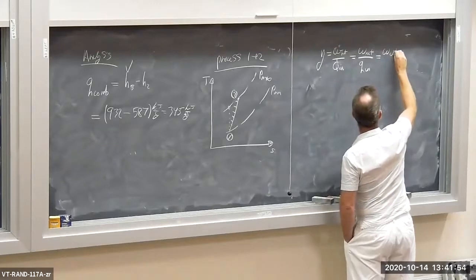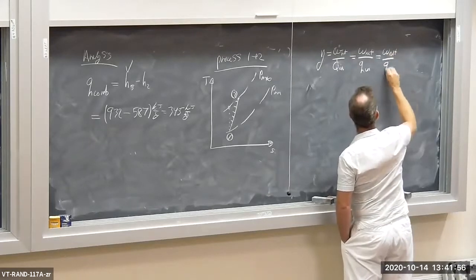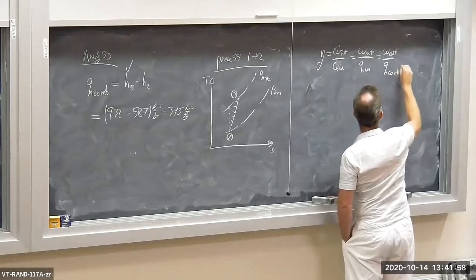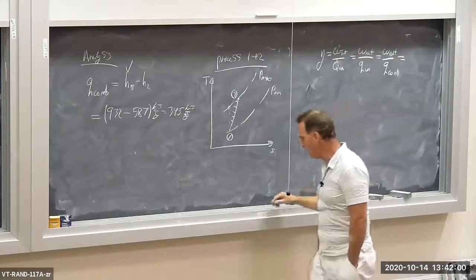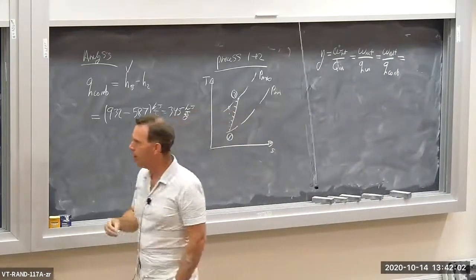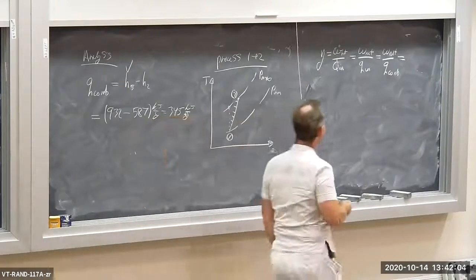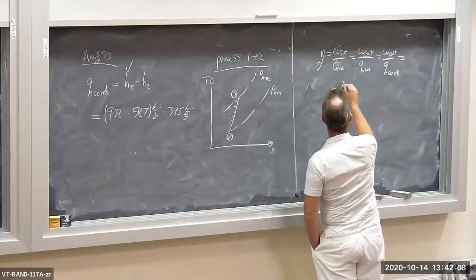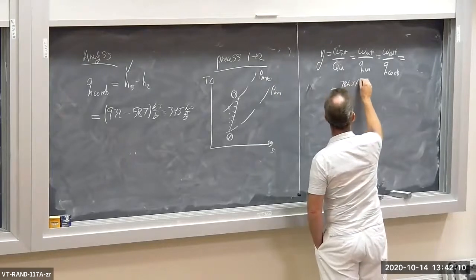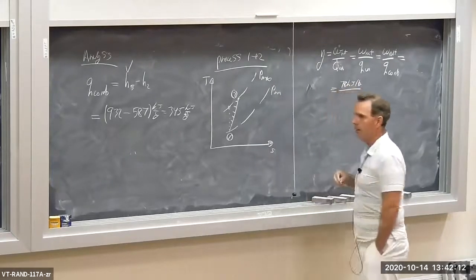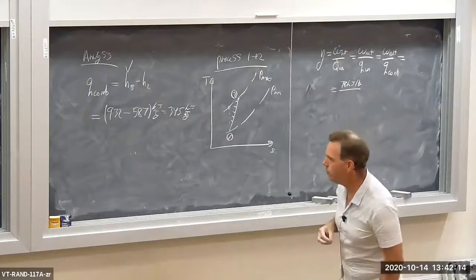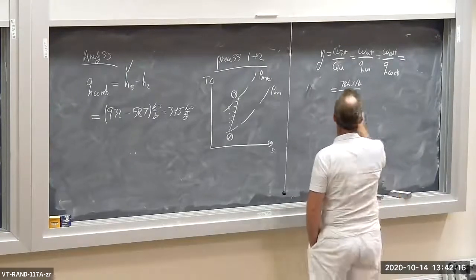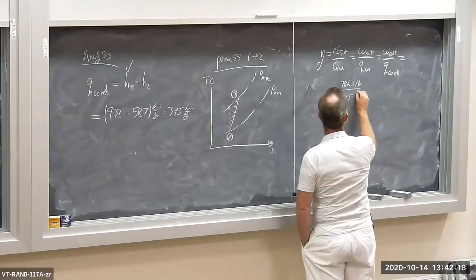So I get W net over Q combustor. Oh, what was my W net again? 78 kilojoules per kilogram. And then Q combustor was 345 kilojoules per kilogram.